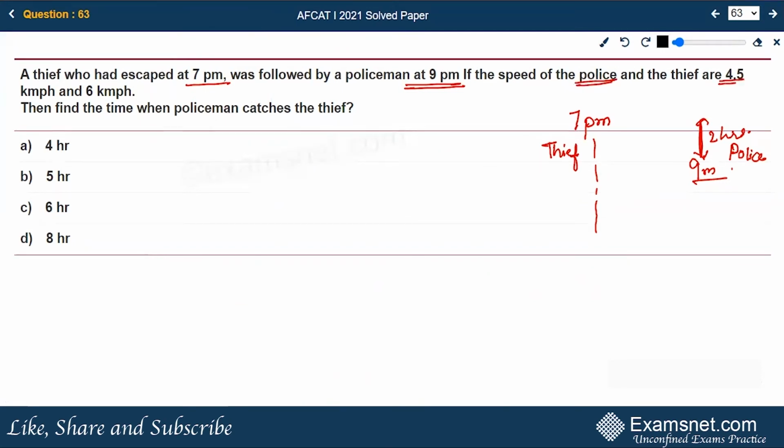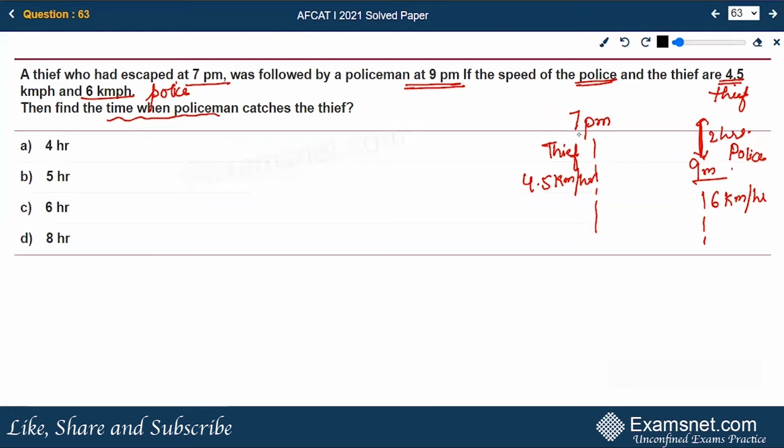This is the speed of the thief, 4.5 kilometer per hour, and 6 kilometer per hour is the speed of the policeman. Now you have to find out the time when the policeman catches the thief.